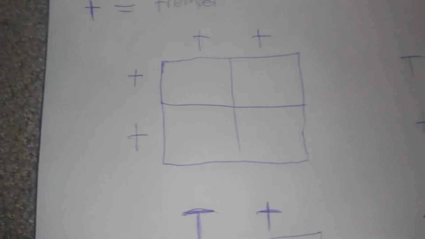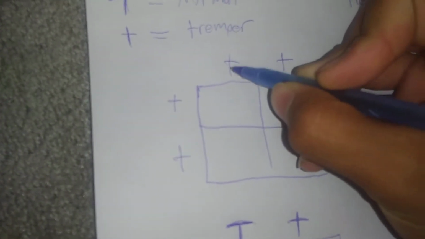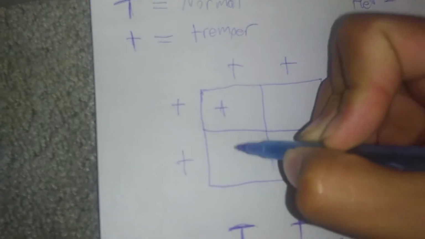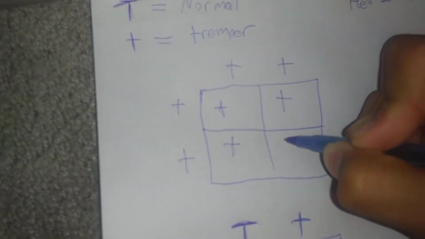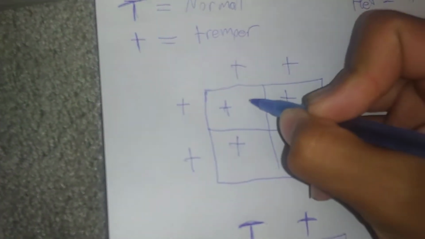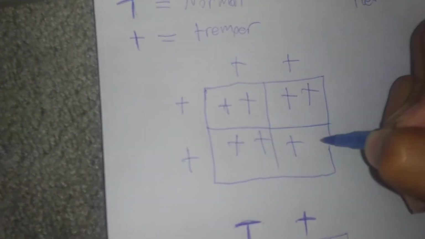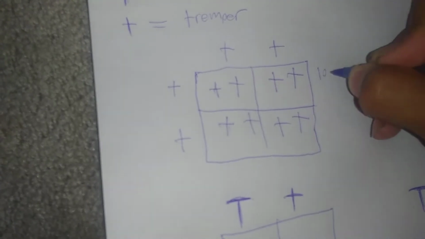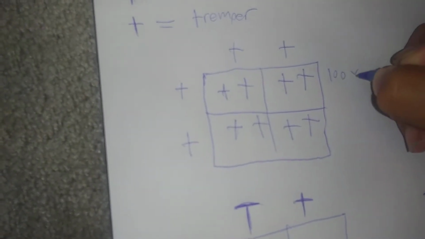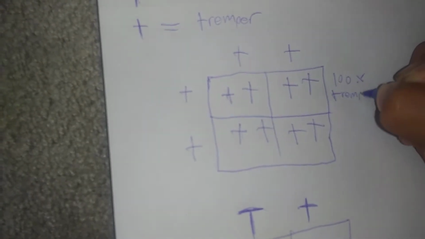So little t, which would be just a visible Tremper Albino like this, to another Tremper Albino, you just take this down, that t, now you come over this way, little t, so that'd be 100% Tremper.